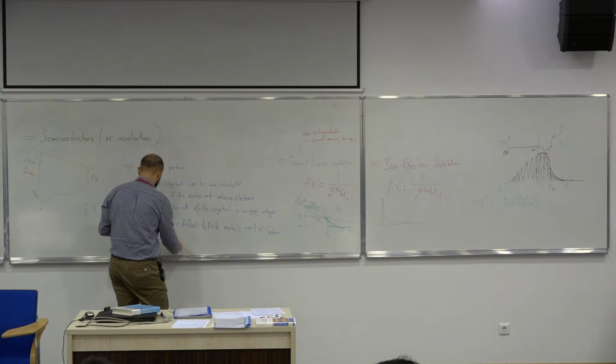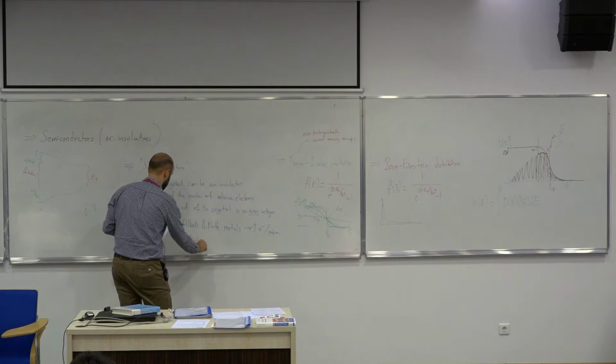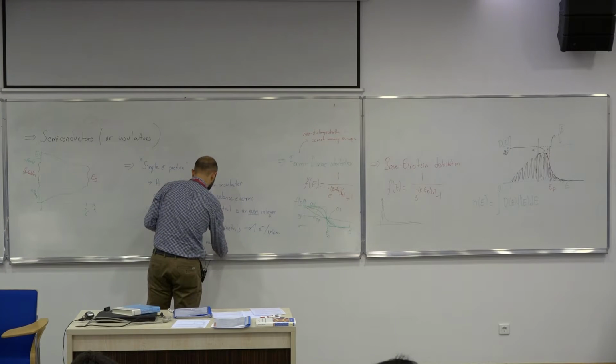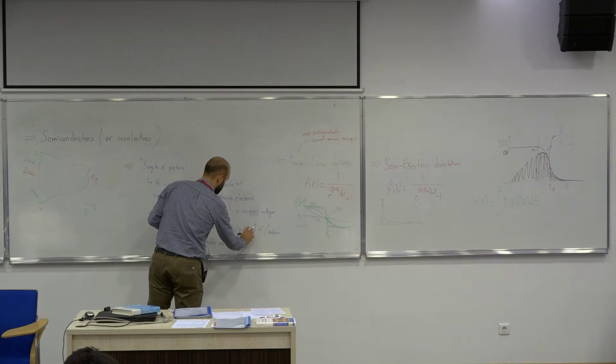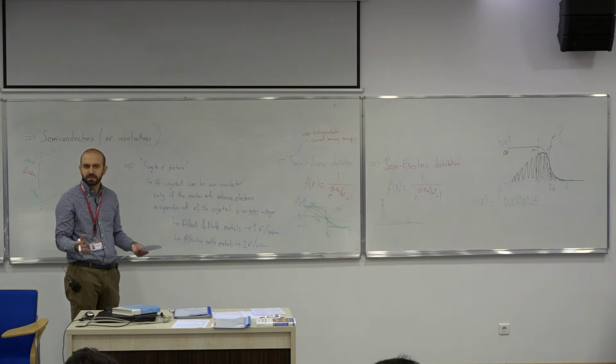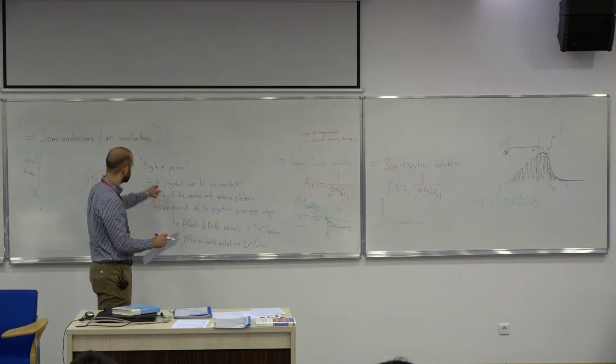If you look at alkaline earth metals, they have 2 electrons per unit cell, but they're metals, so it breaks the rule.